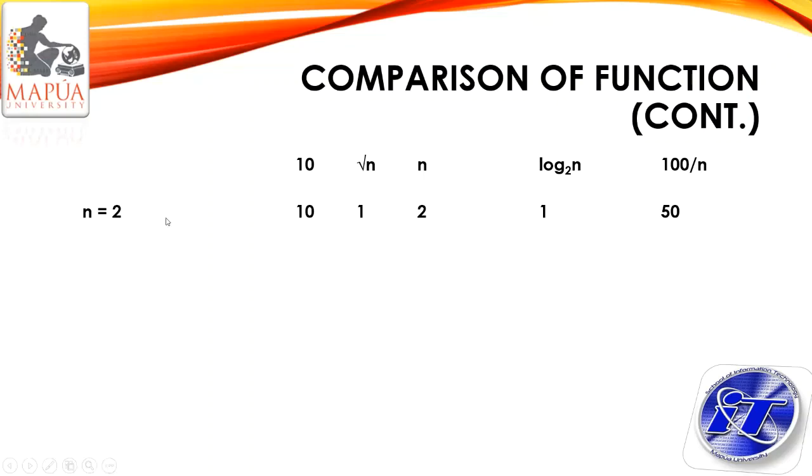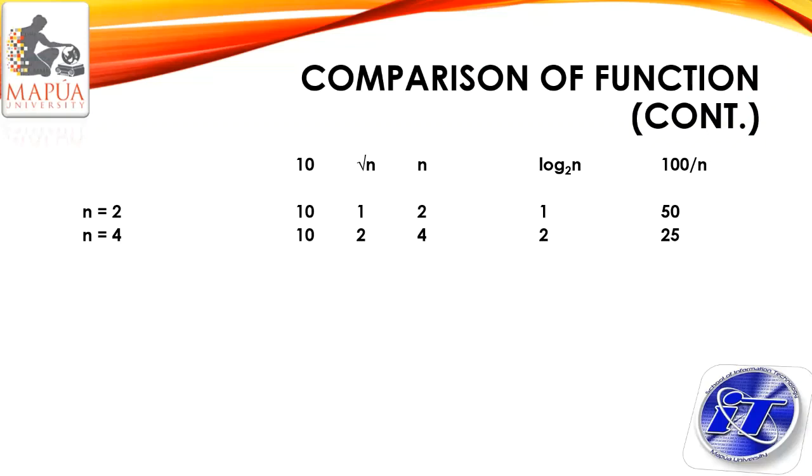For the first values, square root of n and log n are small compared with the others. And how about n equal to 4? 10 is still 10. It means it is constant regardless of the number of inputs that we have, so it doesn't have an effect.